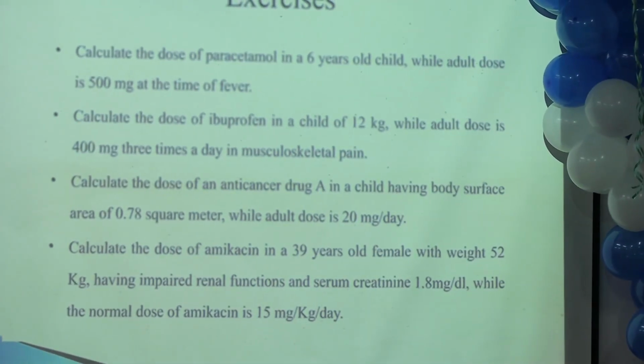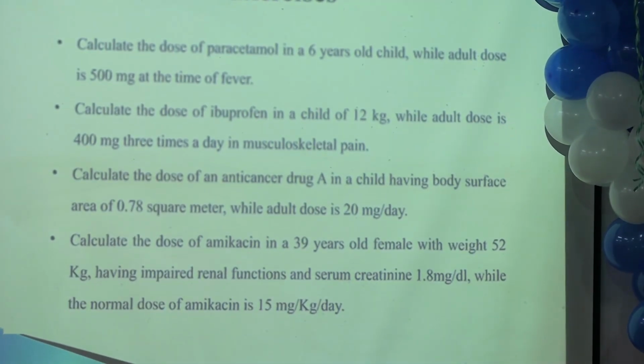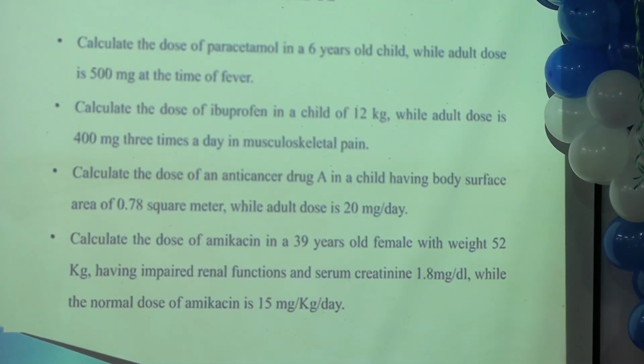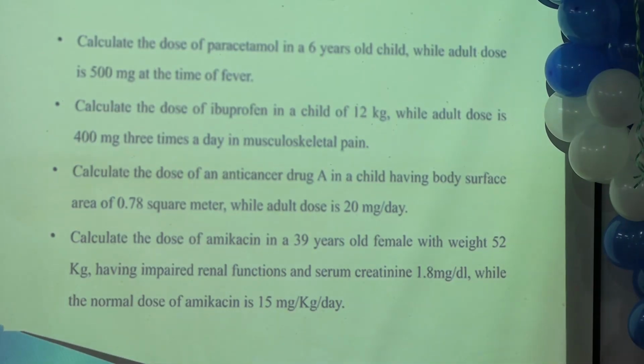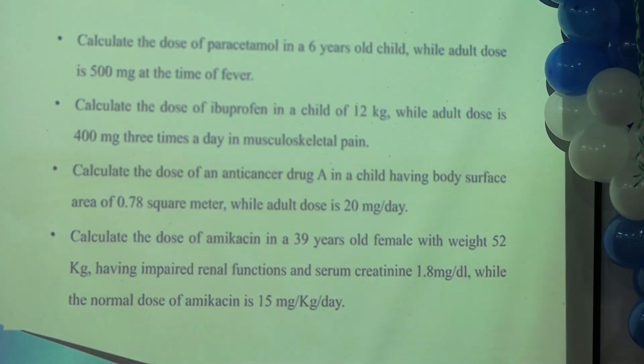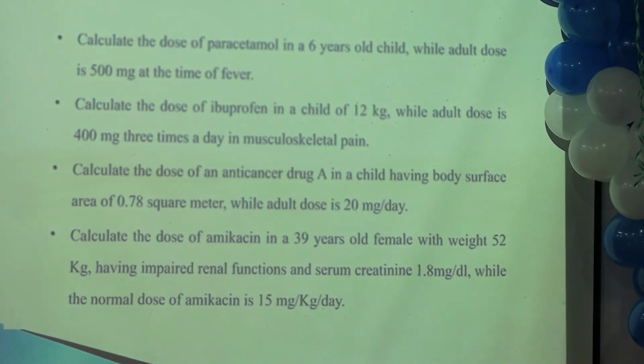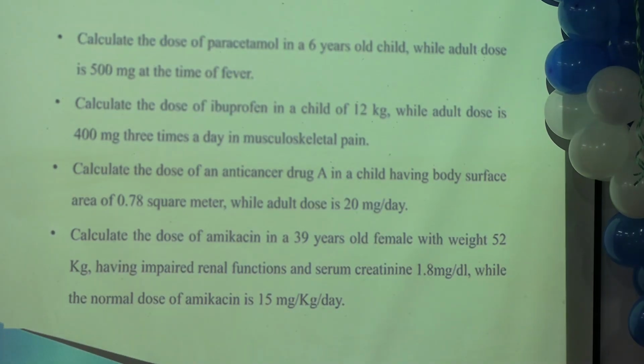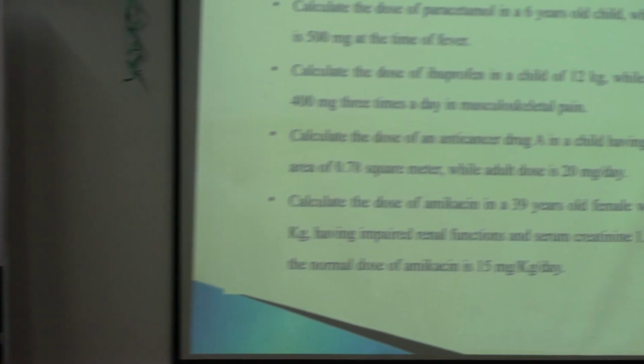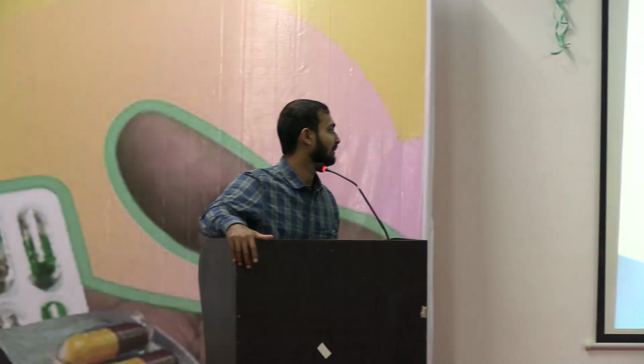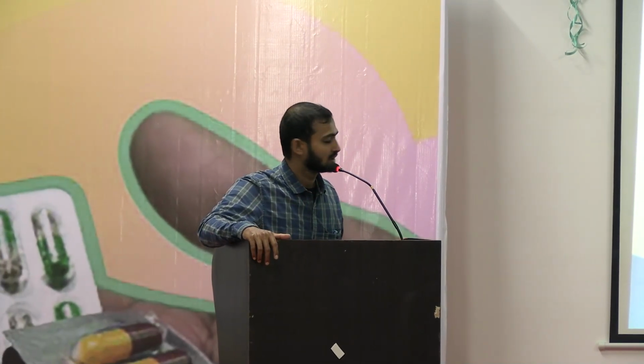Calculate the dose of amikacin in a 39-year-old female, weight 52 kg, having impaired renal functions, and serum creatinine is 1.8 milligram per dl, while the normal dose is 15 milligram per kg per day. How will you calculate the dose?